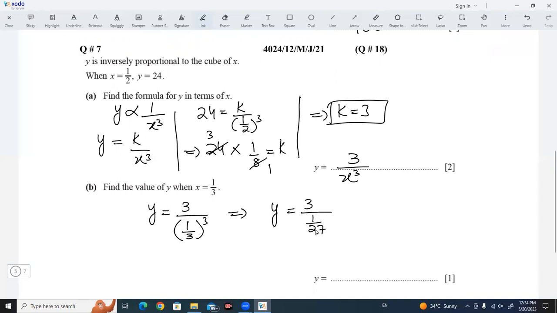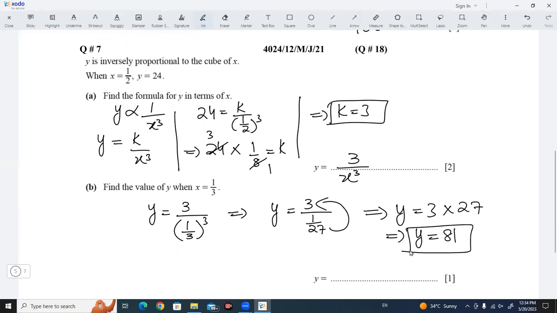So basically this is a complete fraction in the denominator, means the whole fraction. So denominator will be multiplied with the numerator. So 3 times 27 and whole divided by 1. We don't have to write 1 here. So what's the answer? 27 times 3 is 81. You can check in rough work, simple multiplication. So this is the answer for y.